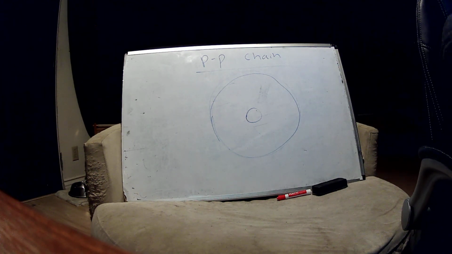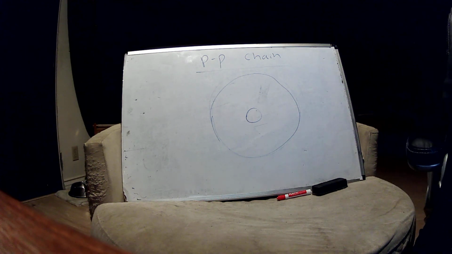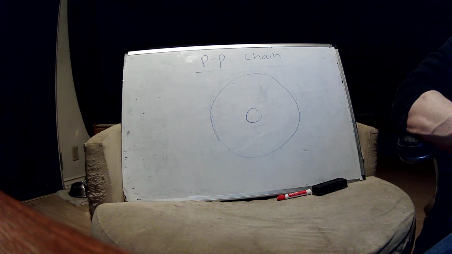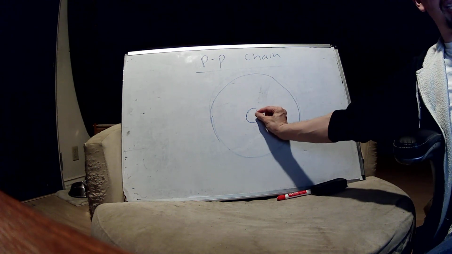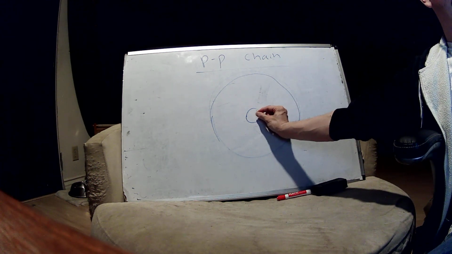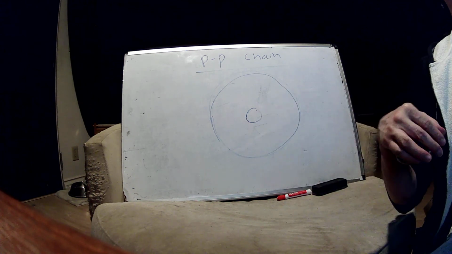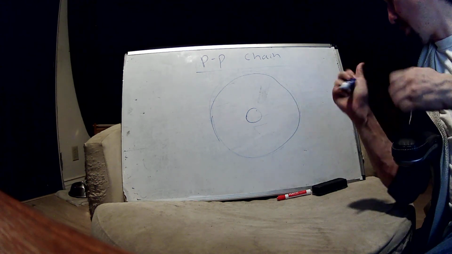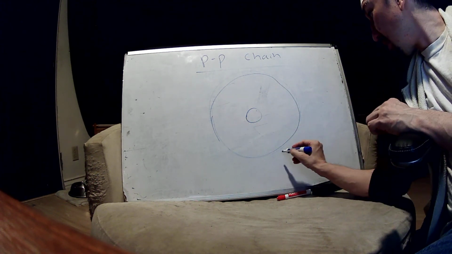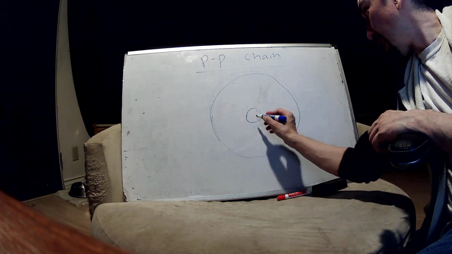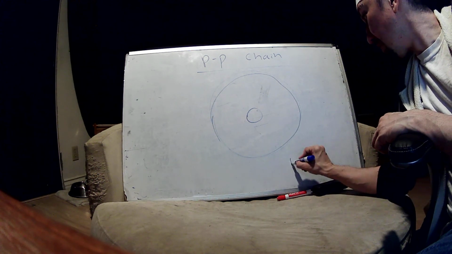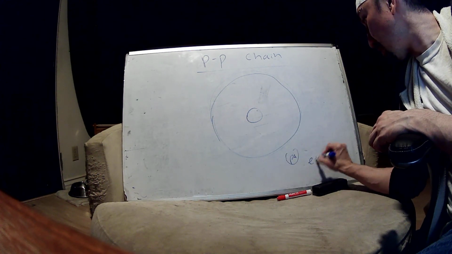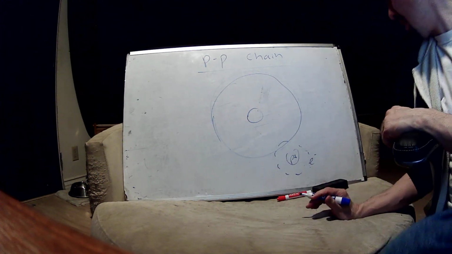Now, if energy is generated there in the core, and here at the core, matter is really, really dense, right? You can imagine if you were, say, one of these hydrogen atoms that was here in the core, okay? So let's say you're this hydrogen atom, right?